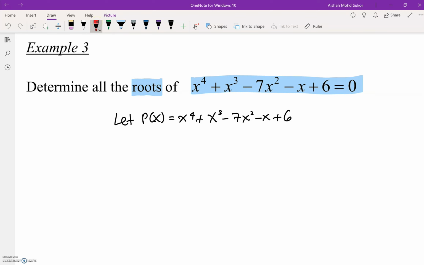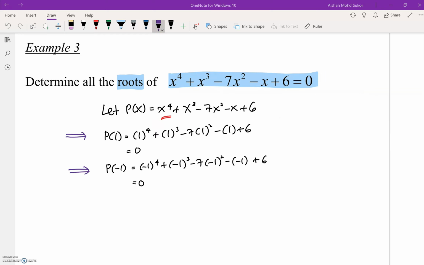In this example, our polynomial has degree 4. So by using factor theorem, we try to substitute x equals to negative 1, positive 1, negative 2, positive 2, etc. to get the first two factors. We have p(1) equals to 0 and p(negative 1) equals to 0. Therefore, x minus 1 and x plus 1 are the factors of p(x).